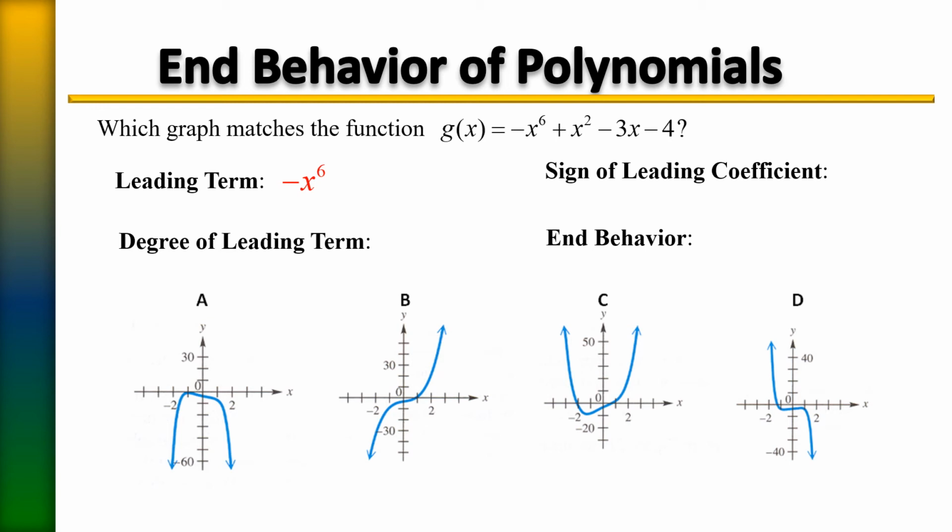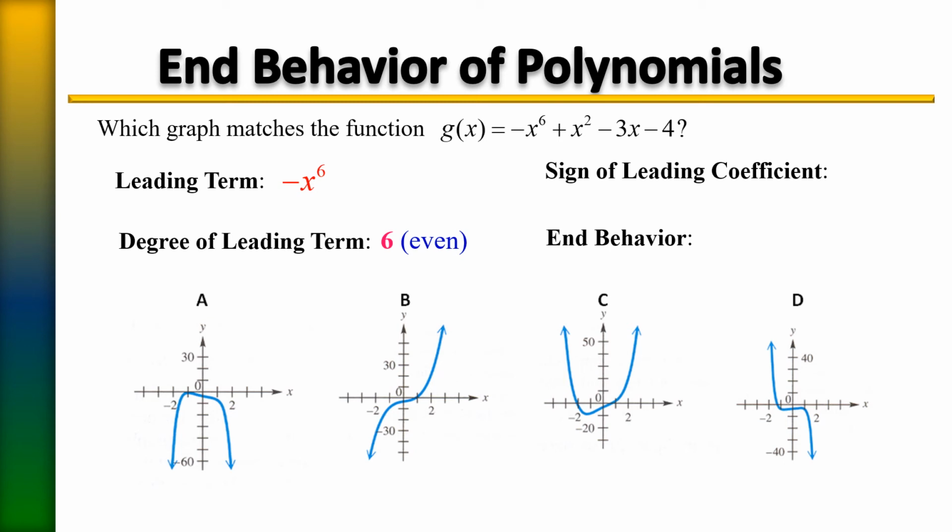6 is an even number, so this is an even polynomial, which means that we can cancel out the choices of B and D, the S shape, because it cannot be that. So now we just have to determine whether it opens upward or downward.